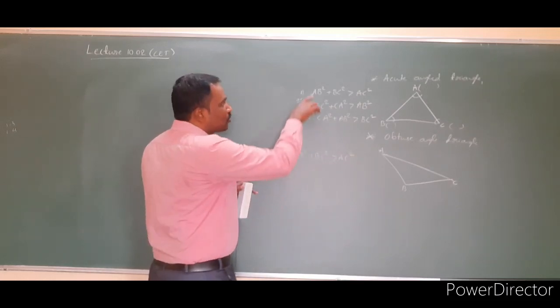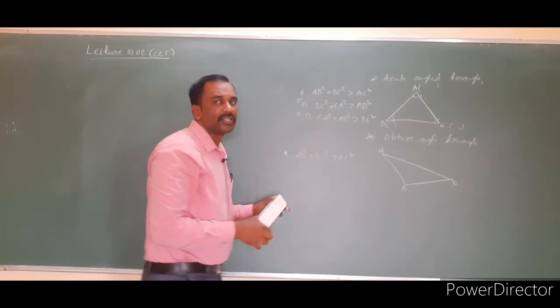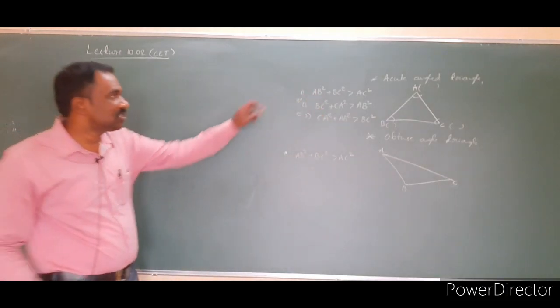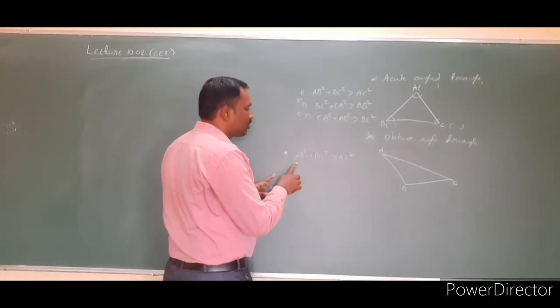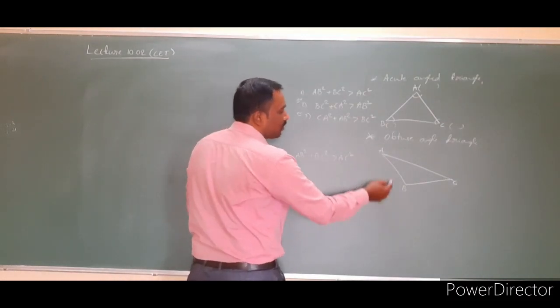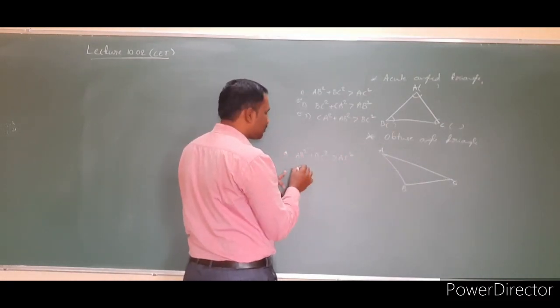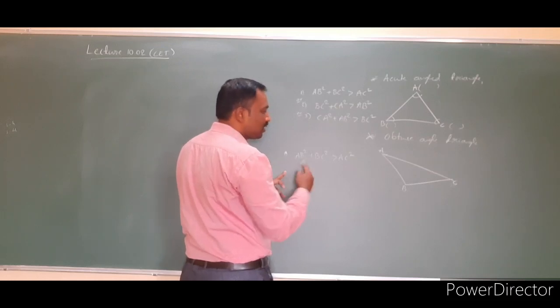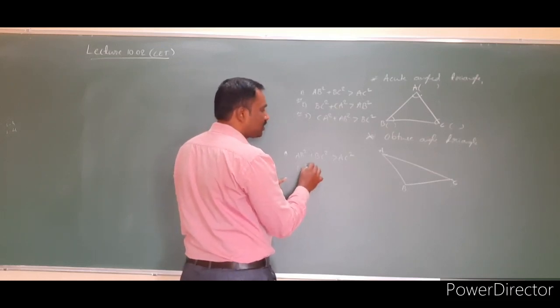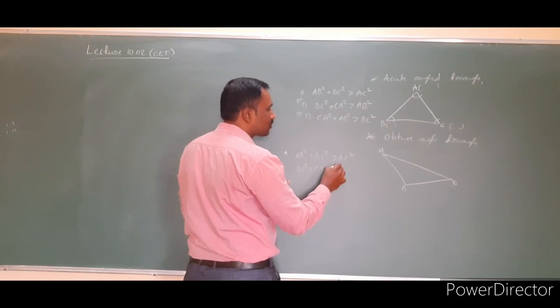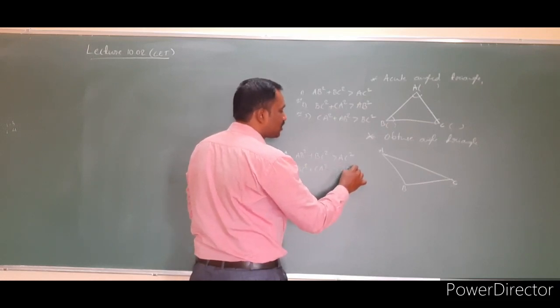What are the three possibilities? AB square plus BC square is greater than AC square. Similarly, in cyclic order, you can write BC square plus CA square is greater than AB square.